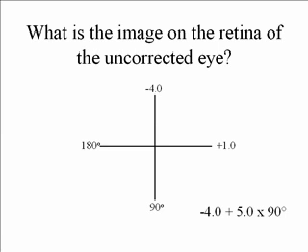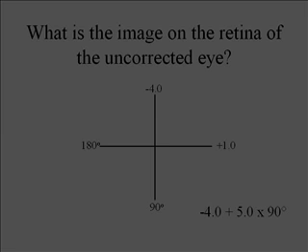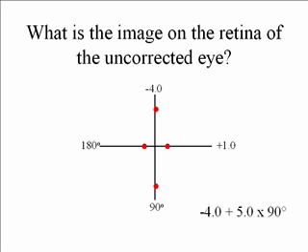So what we're going to do now is plot out the size of the blur circles. This patient is looking at the sky. I'm going to say, well, vertically, this patient has 4 units of blur. It's as if he were a -4 myope, a spherical myope, if we're examining him only vertically. And I'm going to plot out 4 units from the middle of this power cross. I'm going to make little red dots there, as I've done here. Horizontally, he is as if he were a +1 hyperope.